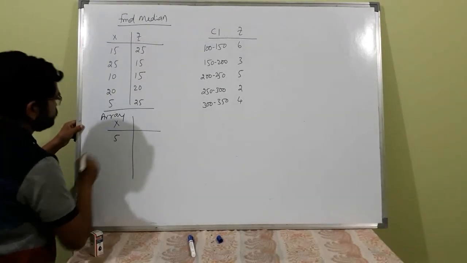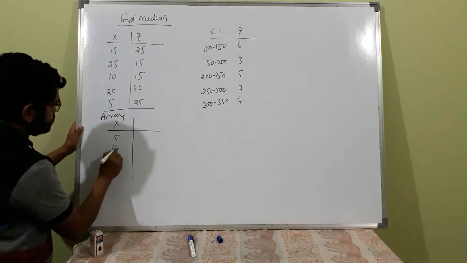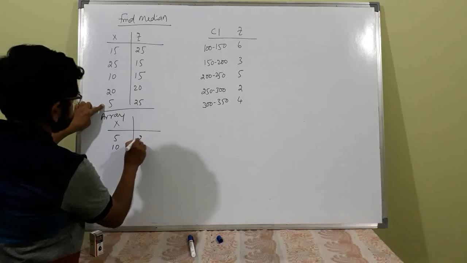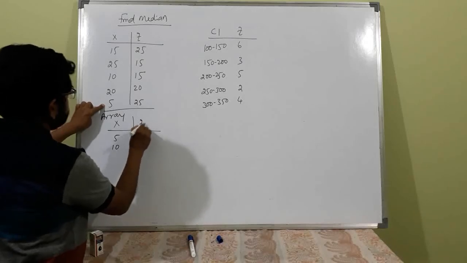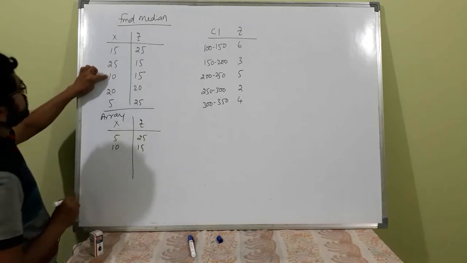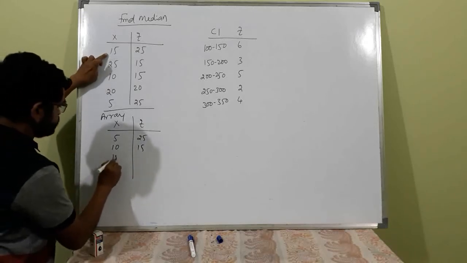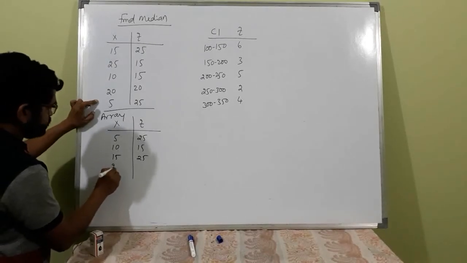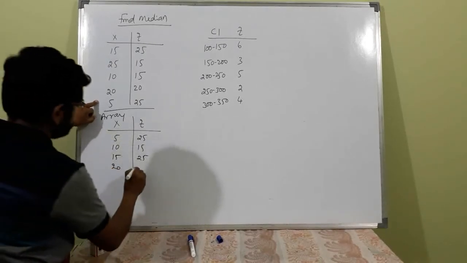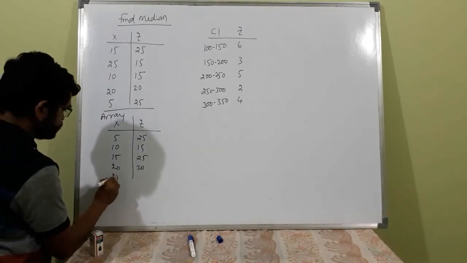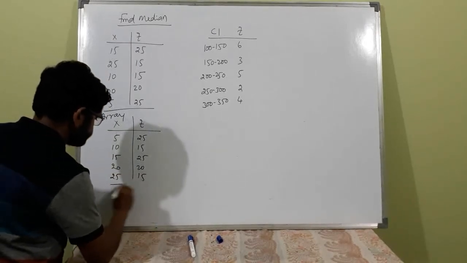First the least one is 5, second is 10, third is 5. Corresponding frequency also you have to write: 5, 25, 10, 15. Next is 15, 25. Next is 20, 20, 20, 25, 15.